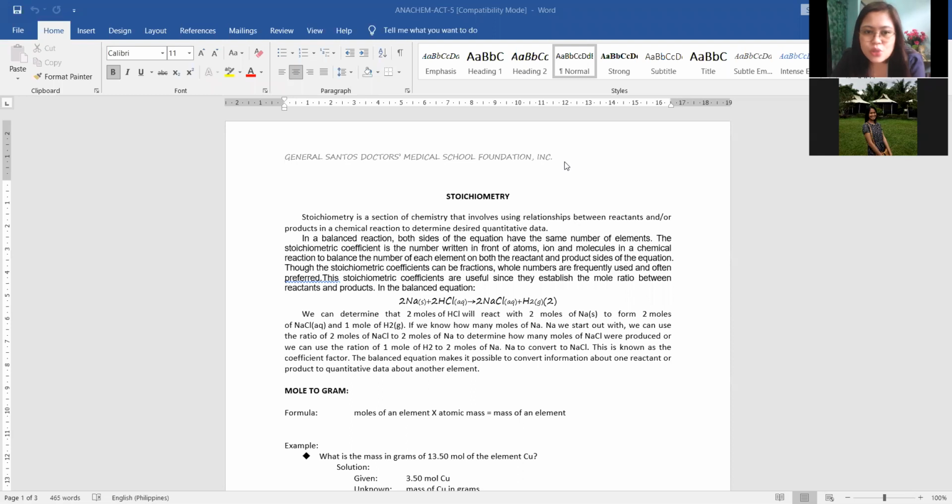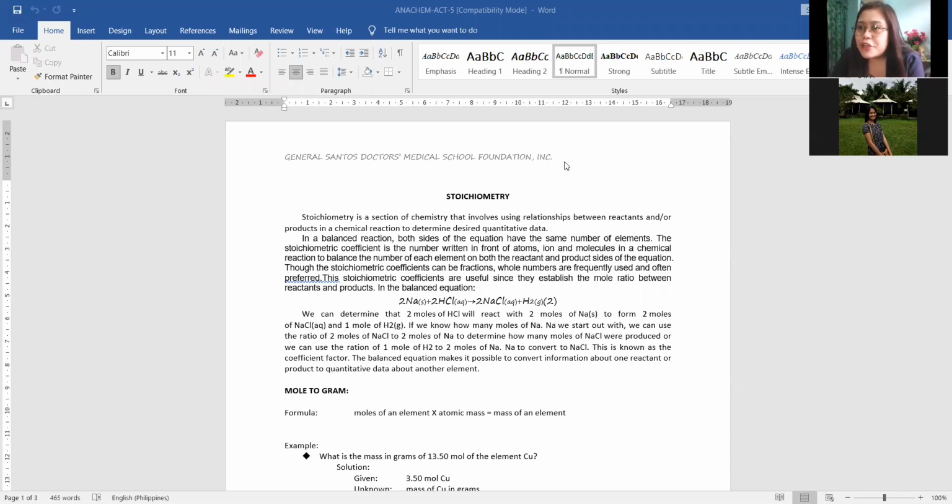So you cannot solve for stoichiometry without knowing the balancing. So, kailangan balance muna ang ating equation for us to predict the quantity or the amount of either the reactant or the product. So, himay-himayon na to ang stoichiometry.